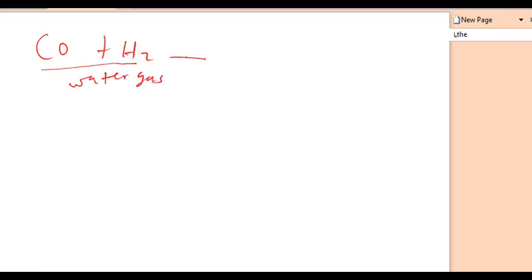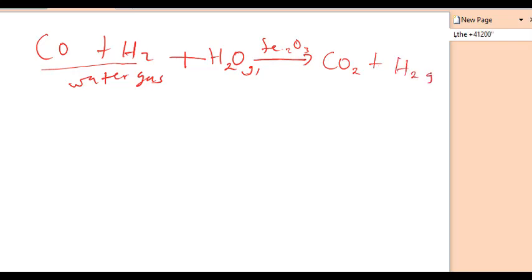If this reacts with steam in the presence of a catalyst, which is iron 3 oxide, Fe2O3, then the carbon 2 oxide will be oxidized to carbon 4 oxide, and the steam will be reduced to hydrogen gas.